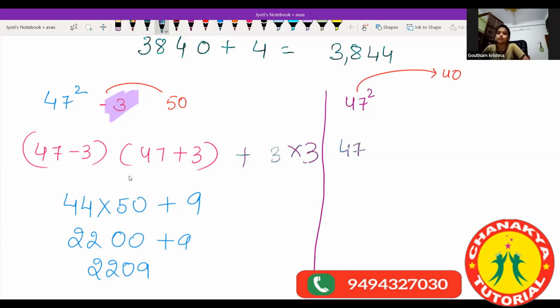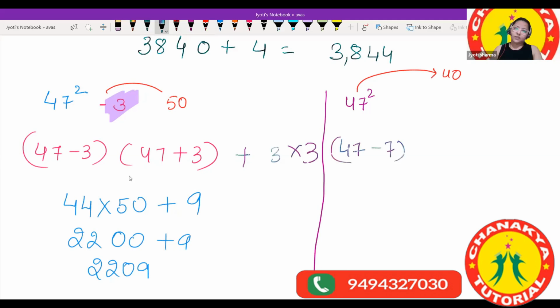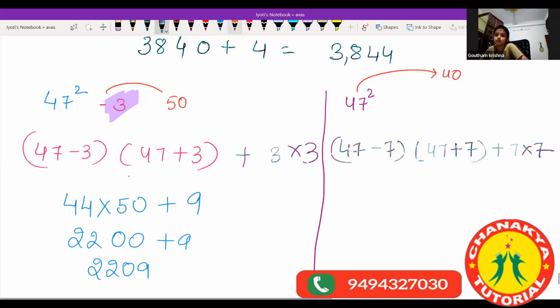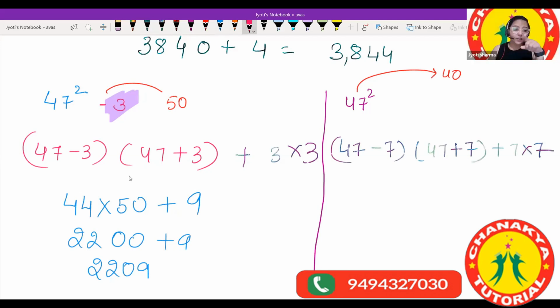So 47 minus 7 multiplied by 47 plus 7 plus 7 into 7. Exactly. But to make your calculation easier, if it is ending with 6, 7, 8, 9, then take the next 10. If it is below 5, then take the previous 10. And if it is ending with 5, then you don't have to take anything. You simply use the method I have taught.